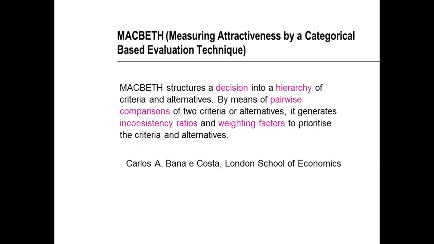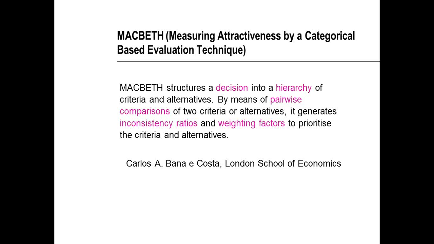And if you look then at a short description of MACBETH, MACBETH also structures the decision into a hierarchy of criteria and alternatives. And MACBETH also uses the pairwise comparison to compare the different alternatives, but also to compare the importance of the decision criteria.